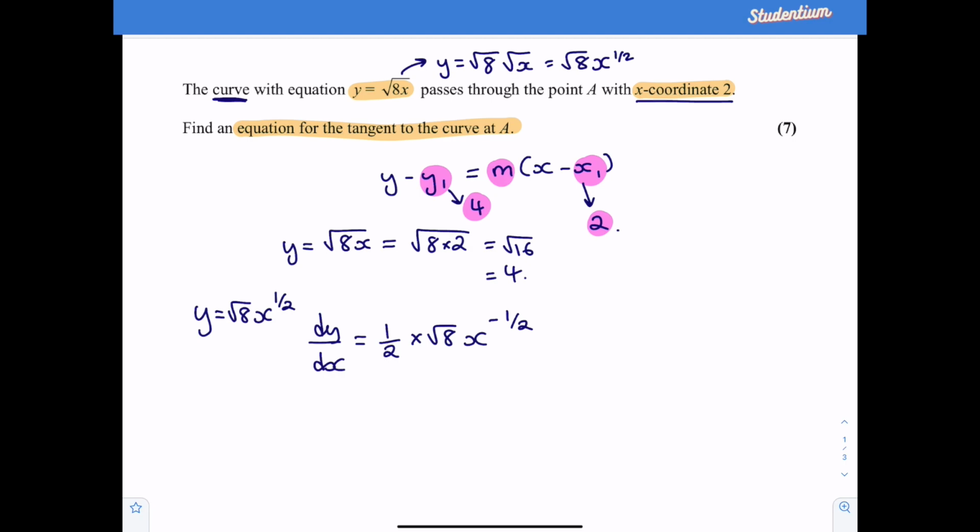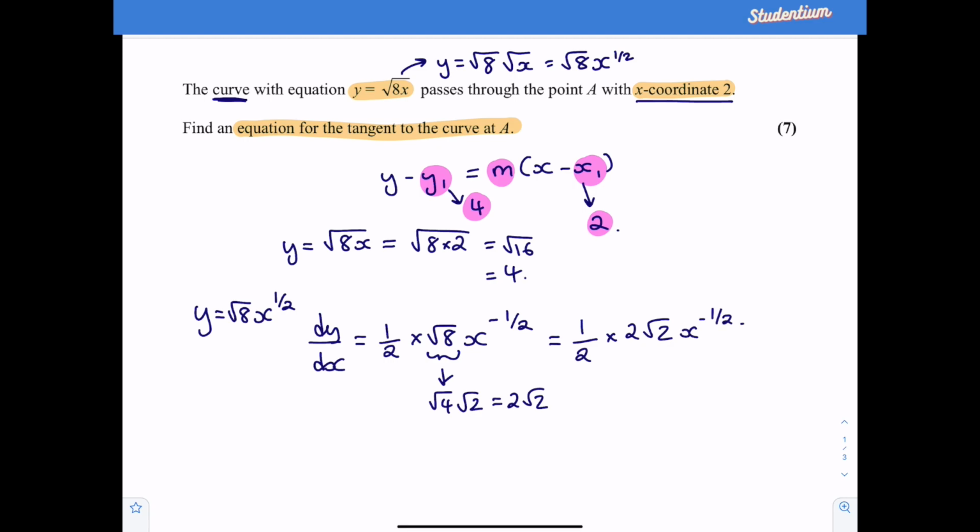Now we can simplify this a bit. Root 8 simplifies down to give us 2 root 2. The reason for that, just to check in, is that it's the same as root 4 root 2, which is 2 root 2. But if you type root 8 into your calculator, it should just give you 2 root 2 if you're feeling short of time or unconfident.